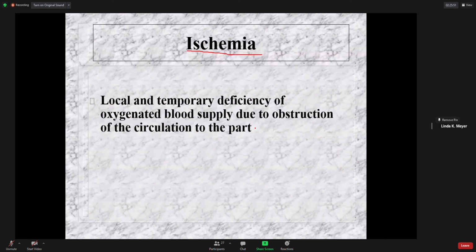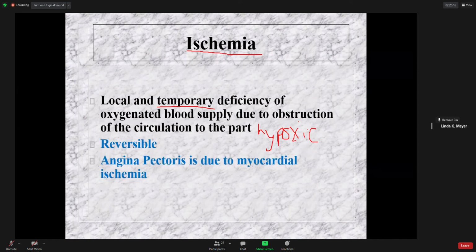You have like a hypoxic event going on in the tissue, which can be reversible. It says it's temporary.